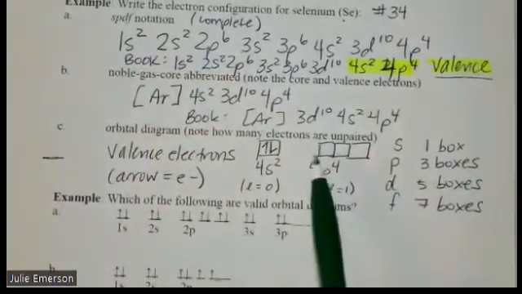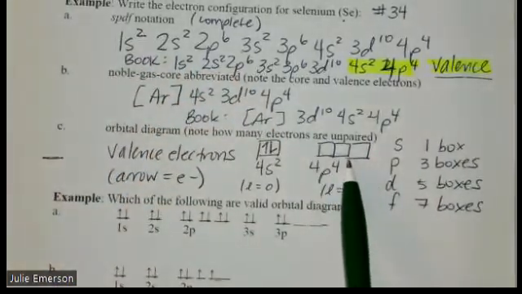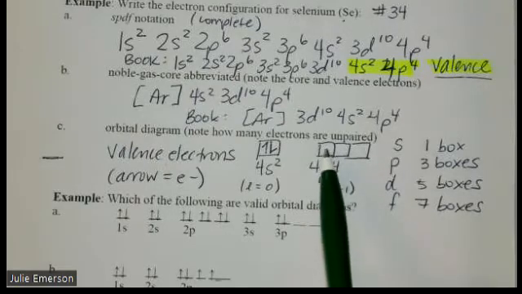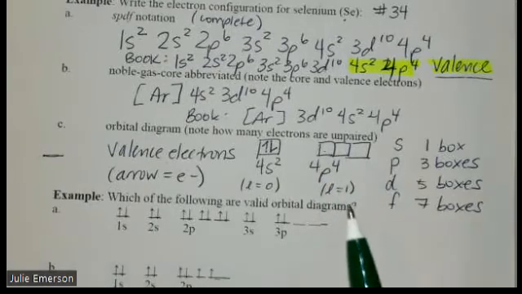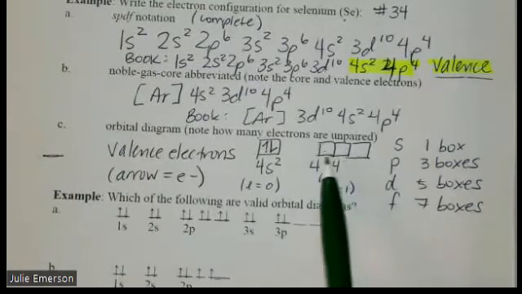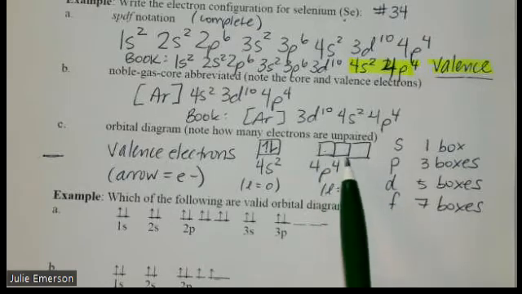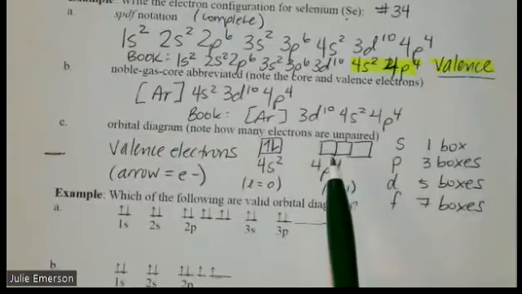When I go to fill the 4p4, however, do I want to put 2 and 2, or do I want to go 1, 1, 1, and then a 2? So 2 in the first box, 1 and 1. The idea is that these 3 orbital spaces, because they're in the same subshell, same 4p, are degenerate, which means they are equal in energy.